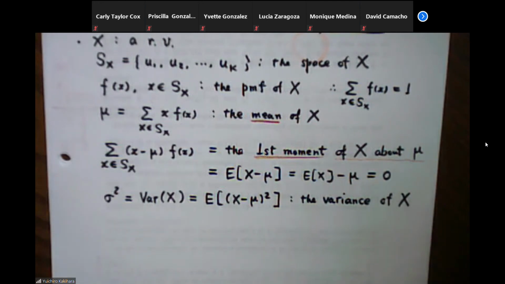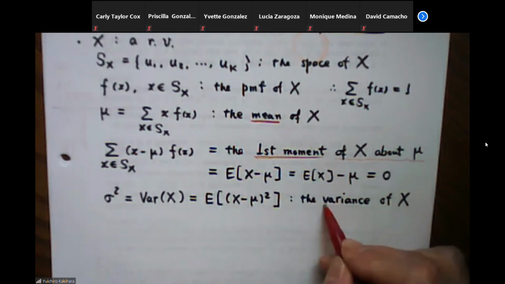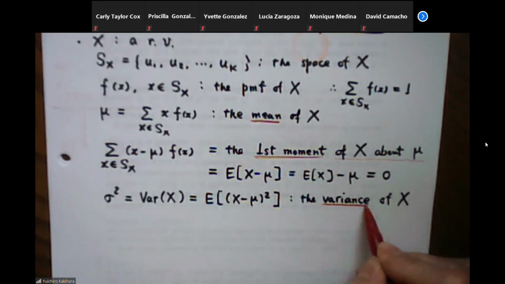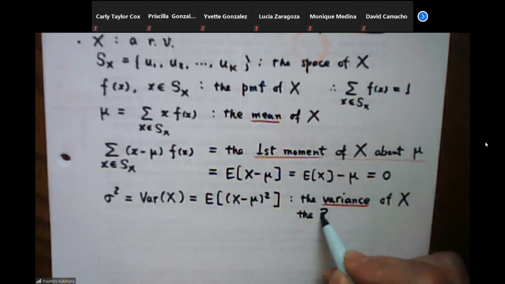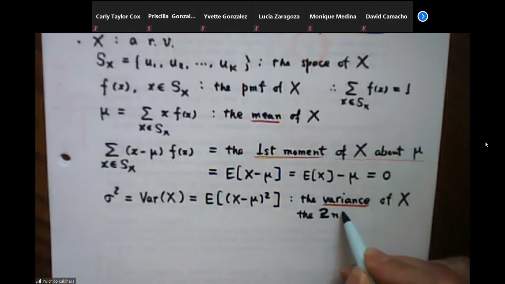If you like to use moments, then this is a second moment, because the exponent is 2. It is the second moment about mu. So this is the variance of x in one sense, and it is also the second moment about mu.